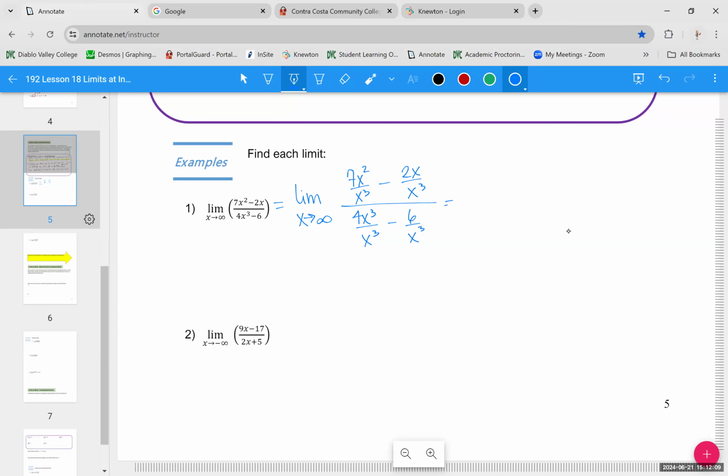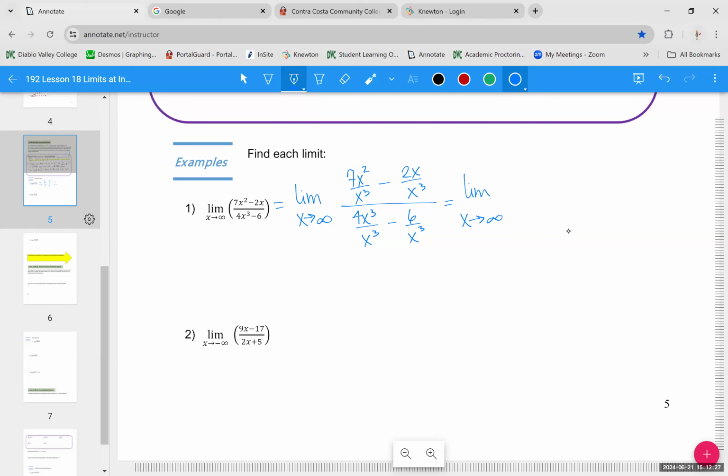Now you don't necessarily have to write that step every time, but at least for this first one, I wanted to make it clear that that's what we're doing. That didn't work out so well. Keeping my limit notation in front.